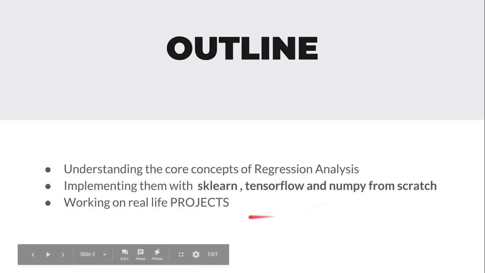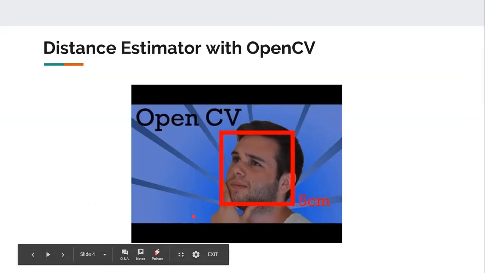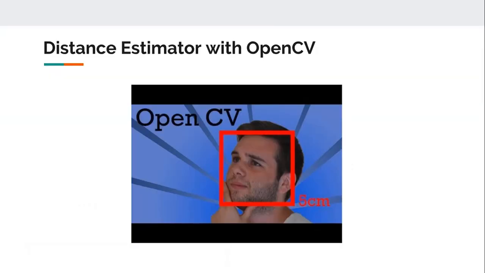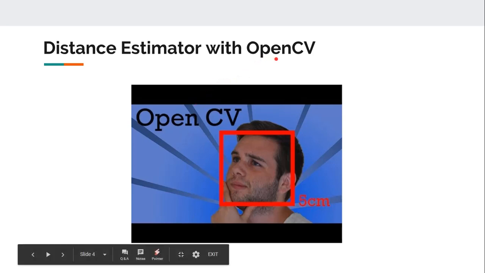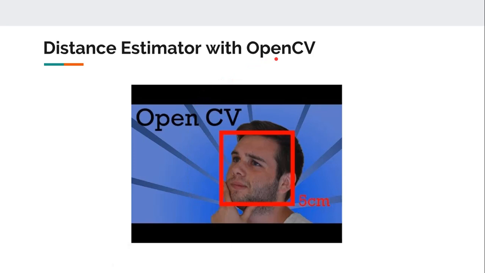Now, the third thing is working on real life projects. The first is a distance estimator with OpenCV. OpenCV stands for Open Computer Vision. This is an open source library for image processing. You can create different models to detect something. You can create filters. You can create many things actually. So our main purpose with using OpenCV is to detect the face using the Cascade approach.